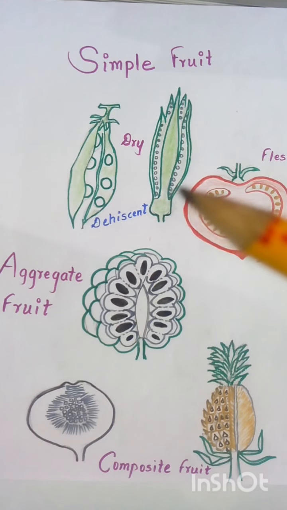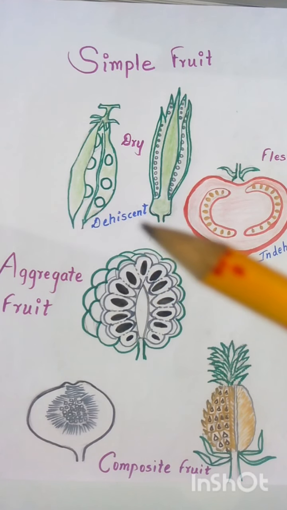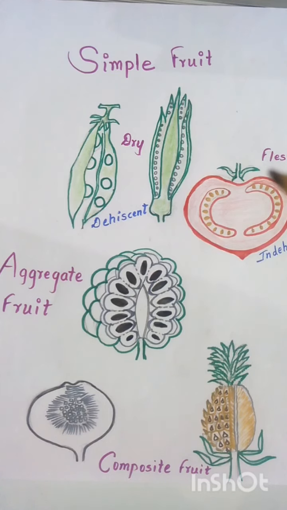The process is called dehiscence, and hence these fruits are called dehiscent fruits. Whereas fleshy fruits at maturity, since their pericarp is thick and fleshy, will not break open to release the seeds. And therefore these fruits are called indehiscent fruits.